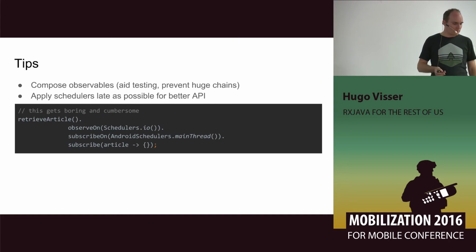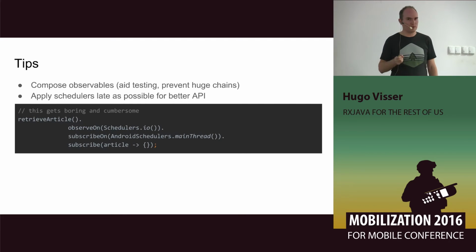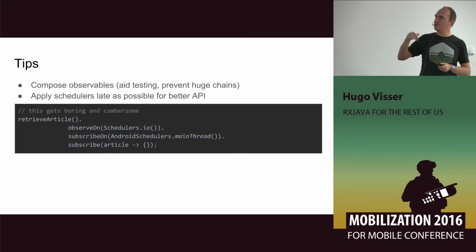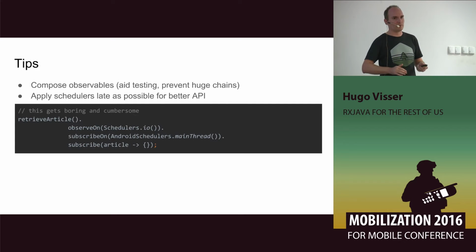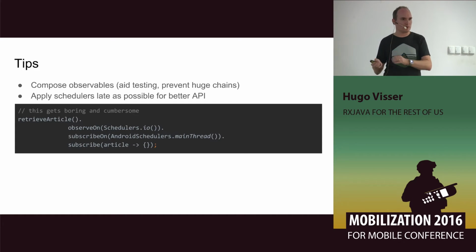Okay, now for some tips. What's really beneficial for me, at least, has been to try to decompose the observables that you're creating. Especially due to the chaining style, if you're not careful, you will end up with a method which is chained like crazy and has a lot of operators. So in the examples I gave, you saw that I created a separate method to return the observable, and later I combined them in some other observable.